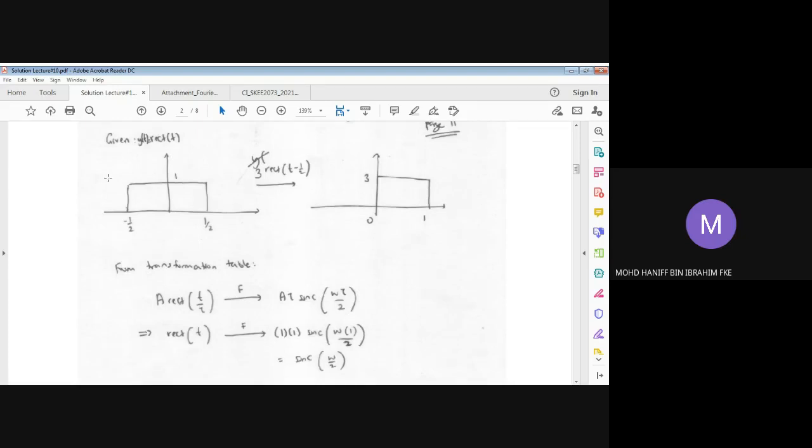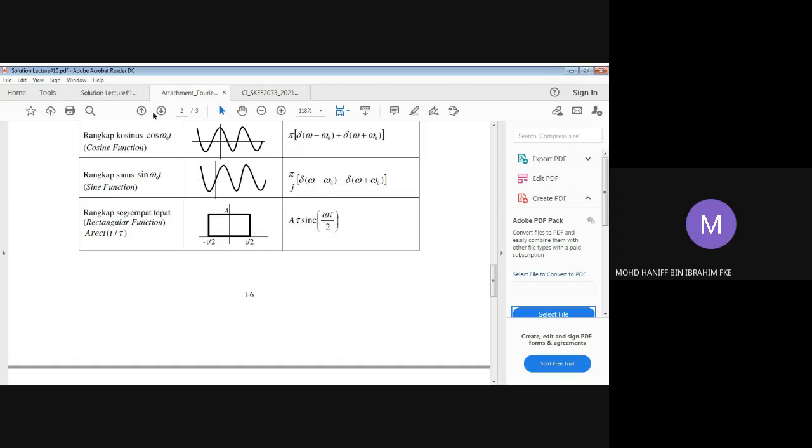For rectangular T, A equals 1 and tau also equals 1.